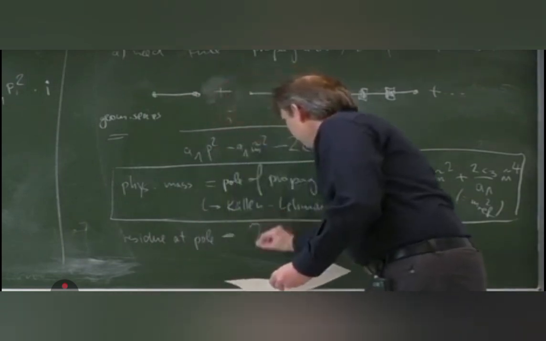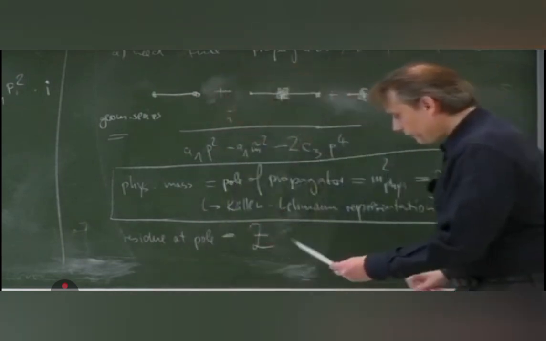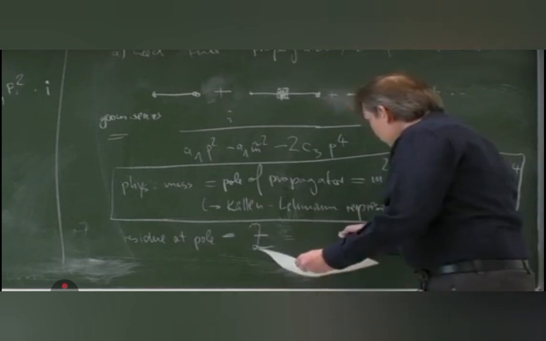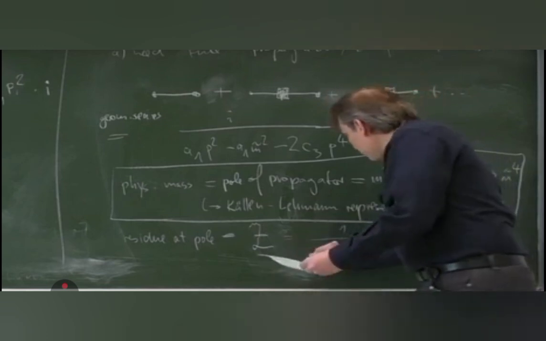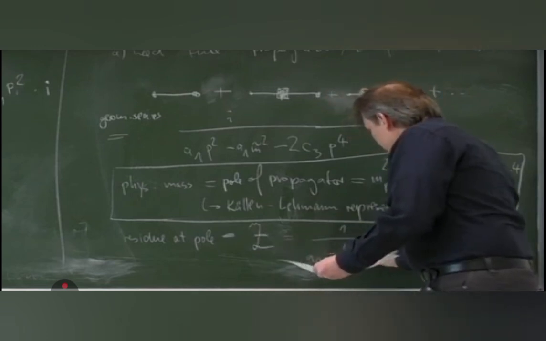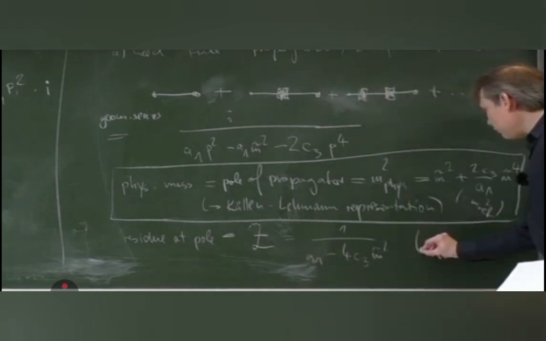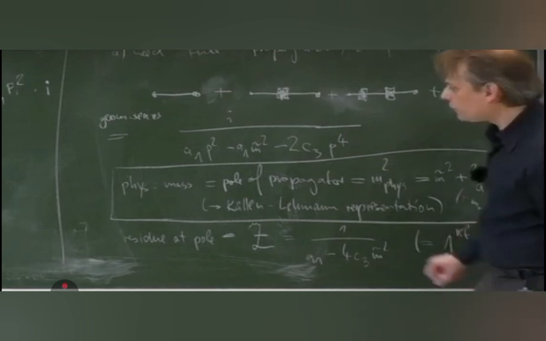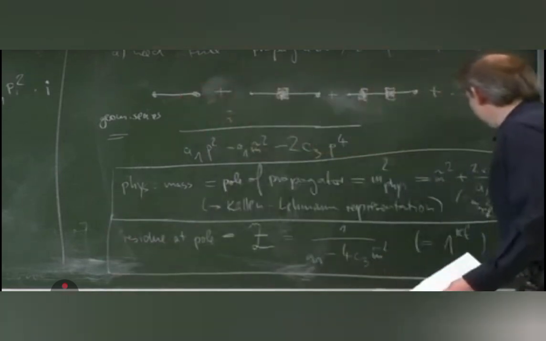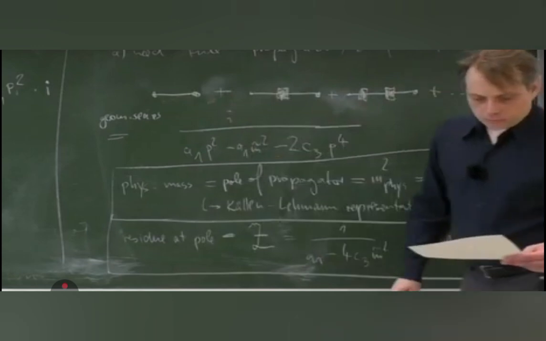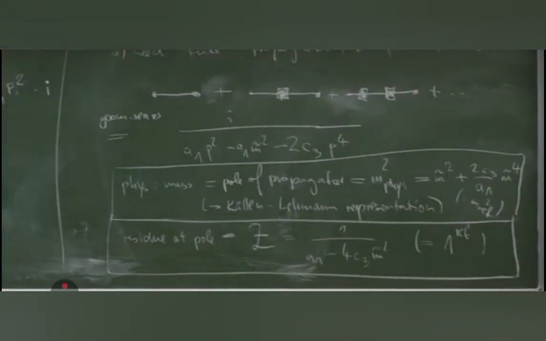And the name of this is curly capital Z, and it turns out to be 1 over a1 minus 4c3 m tilde squared. And of course, in the reference case, the residue is simply 1. So you will see in a second why we need the residue. But so much for the propagator.